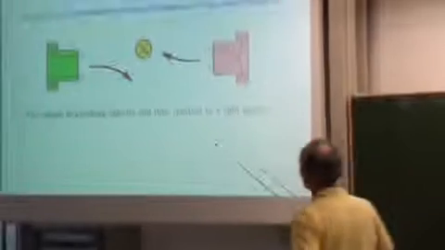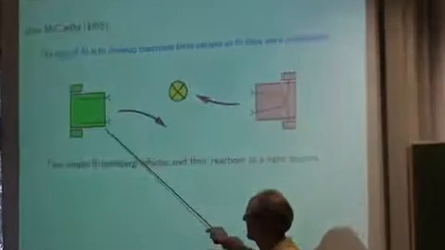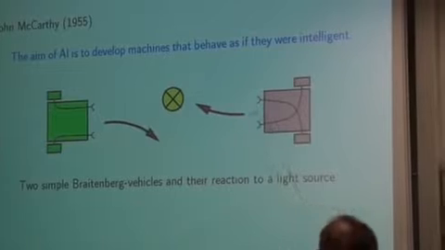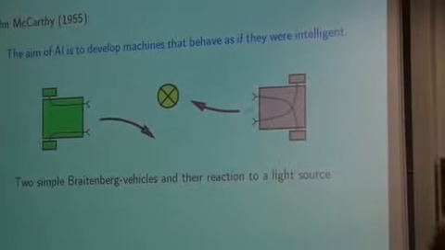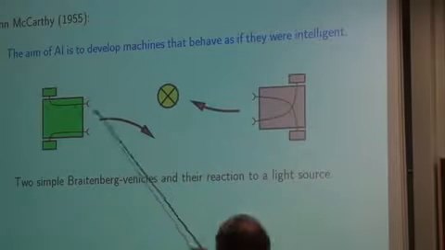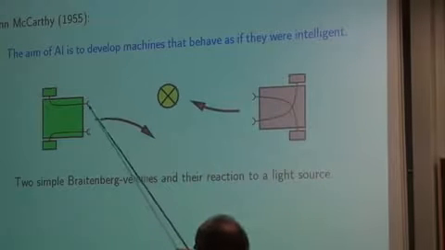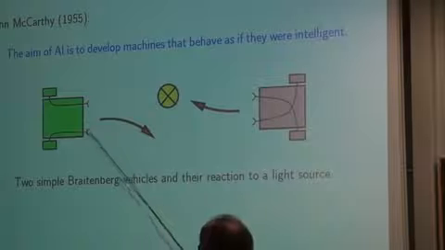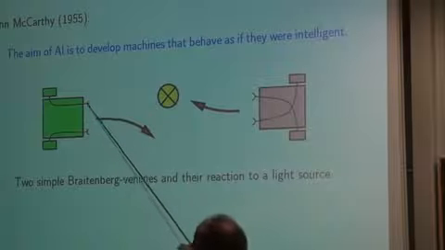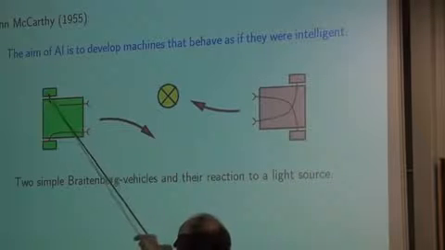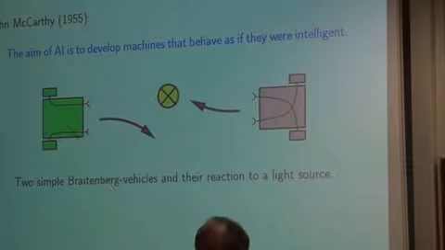He built very simple little robots like this or that. This is a robot with a light sensor here and a light sensor there, and this light sensor is directly connected to the motor for the left wheel and the right sensor to the right wheel.